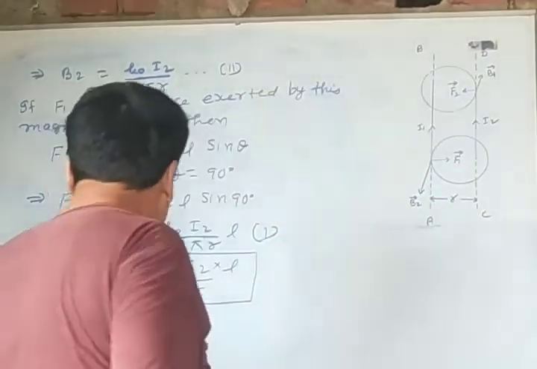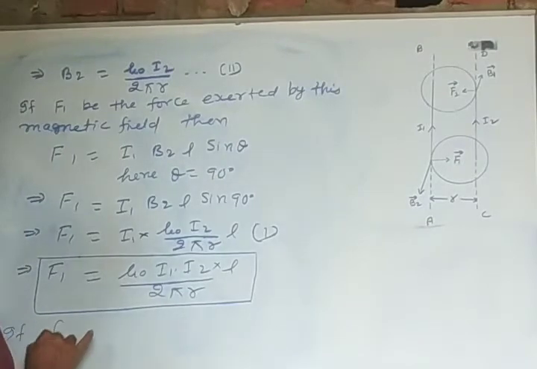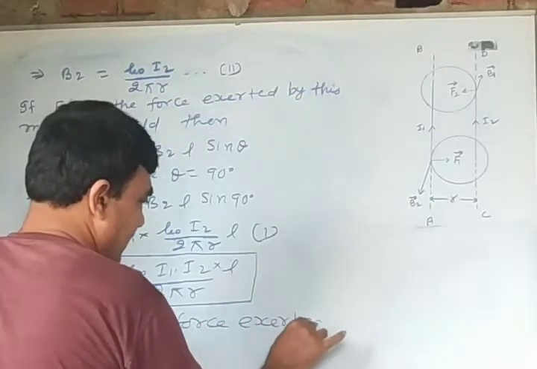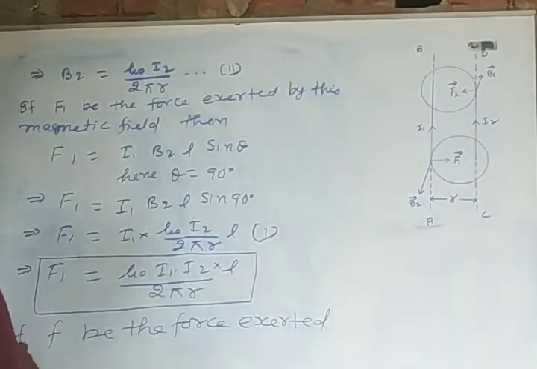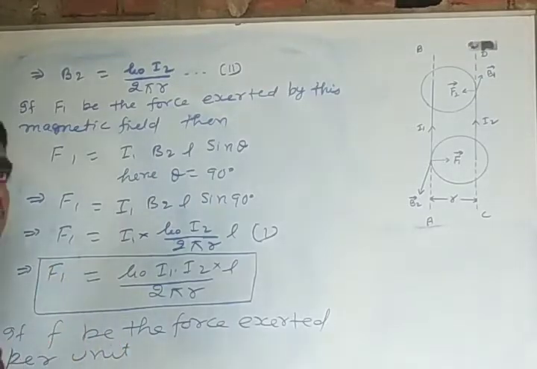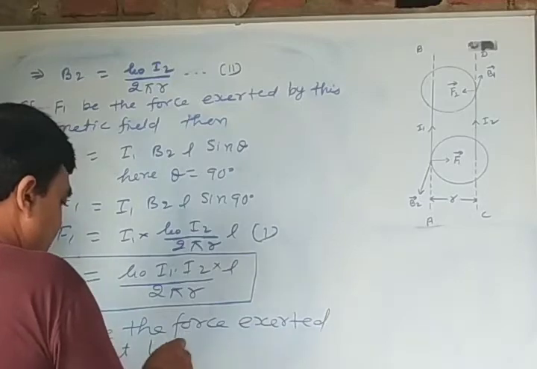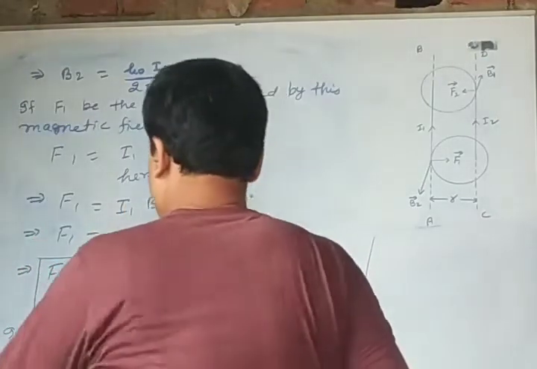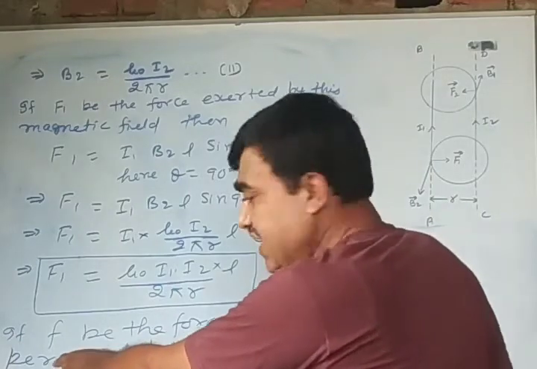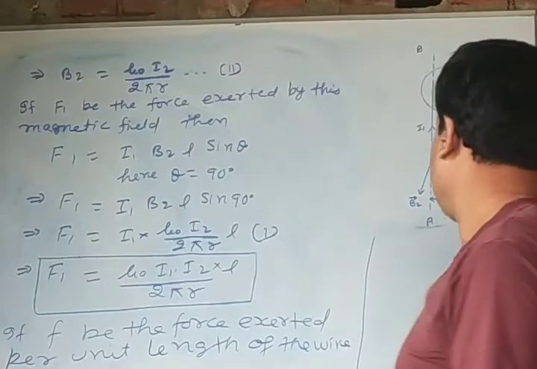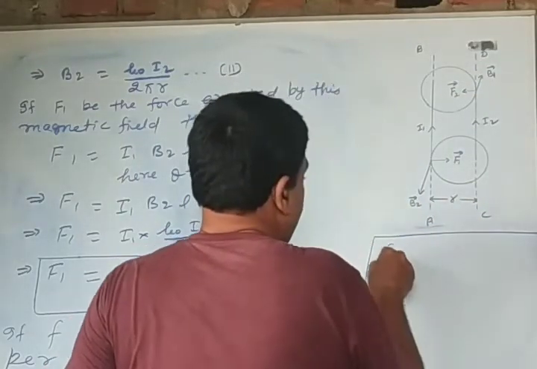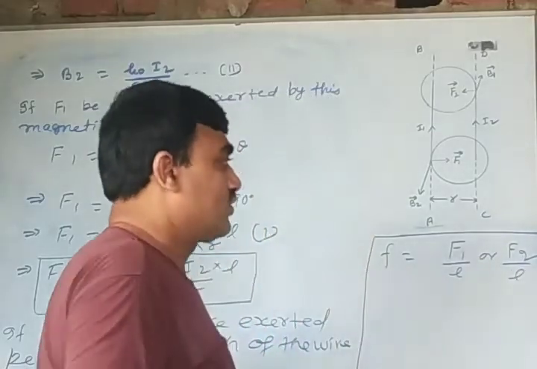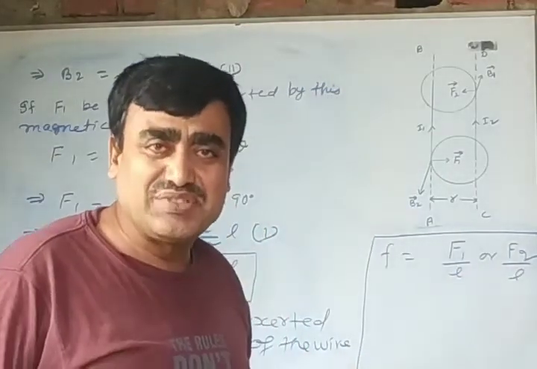If a small f be the force exerted per unit length of the wire, then f is equal to F1 upon L or F2 upon L, because both F1 and F2 have the same magnitude.